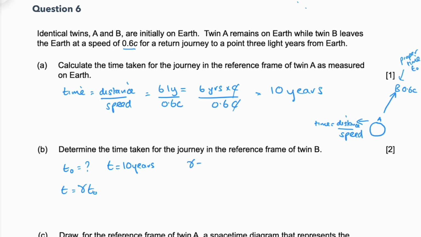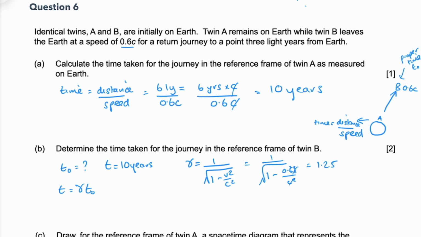I'm using the term gamma for the Lorentz factor, which is this. So the Lorentz factor is 1.25, which means that T naught equals T over 1.25, which is 10 divided by 1.25, which gives us a value of 8 years.